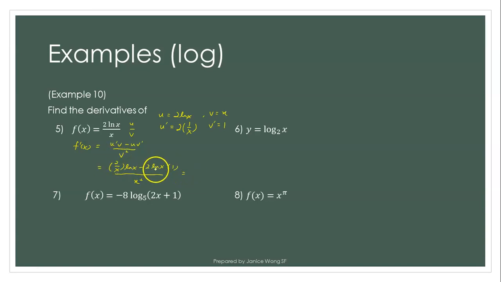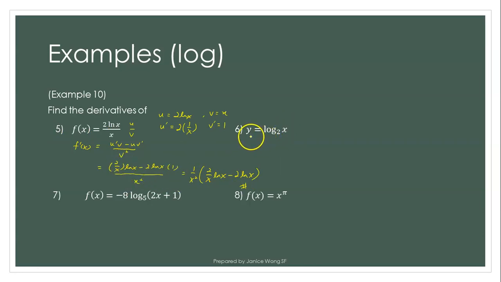Continue, we need to further simplify. This 1 over x squared, I drag it out, times 2 by x ln x minus 2 ln x. This is the final answer for number 5. We cannot leave the answer in 3 levels.